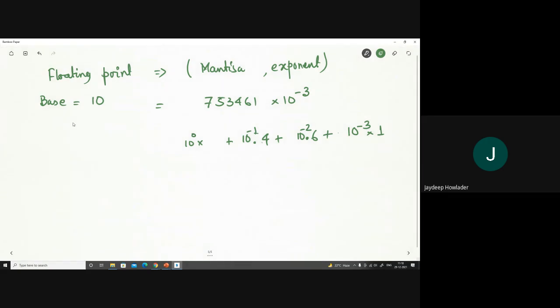Then this is 3, and 10 to the power 1 into 5 plus 10 to the power 2 into 7. Okay, understand? So this exponent is starting at 10 to the power -3, then it is incrementing 1 by 1, and finally we are having the representation as 753.461. Okay, you understand this one? Yes, sir.